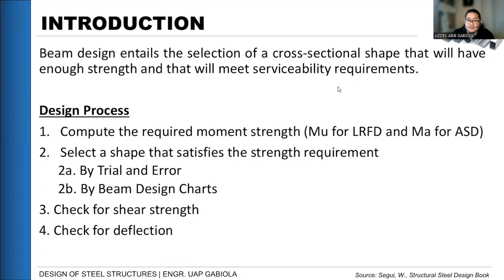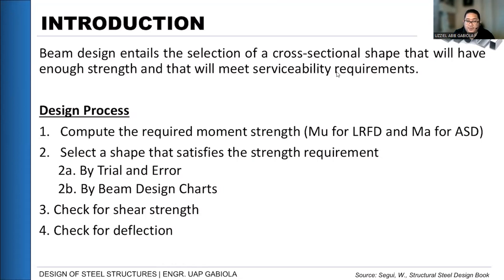So, nakalagay dito serviceability requirement. So, hindi lang flexure yung kailangan natin i-satisfy. Kailangan natin i-satisfy yung serviceability, which is yung deflection natin, yung discussion natin yesterday, no? And then, ito, in-outline ko yung design process na pwede nating sundan on how to select our most economical section to carry yung mga loadings natin. Okay?